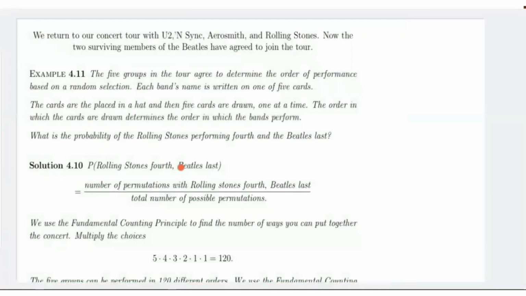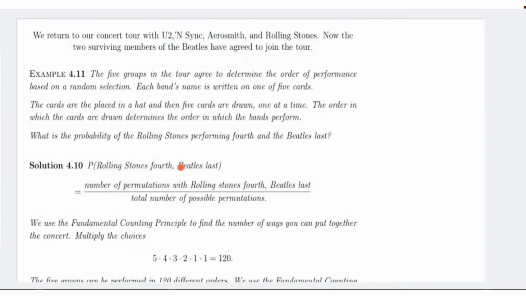We return to our concert tour with U2, NSYNC, Aerosmith, and Rolling Stone. Now the 2 surviving members of the Beatles joined, so it's 5 groups now: U2, NSYNC, Aerosmith, Rolling Stone, and the surviving members of the Beatles.